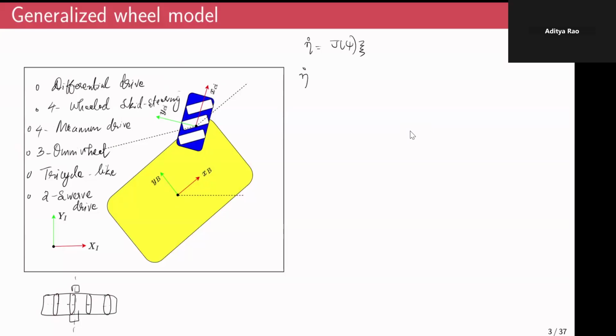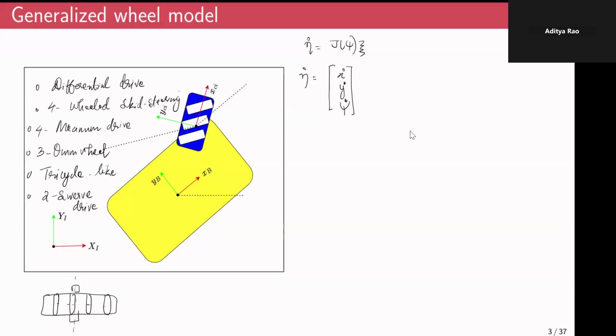Where this eta dot is the velocity of the mobile robot in the world fixed frame, or in the inertial frame of reference. So this eta dot is nothing but x dot, y dot, and psi dot, where x dot is the linear velocity along the inertial x-axis, y dot is the linear velocity along the inertial y-axis, and psi dot is basically the angular rotation rate about the inertial z-axis.